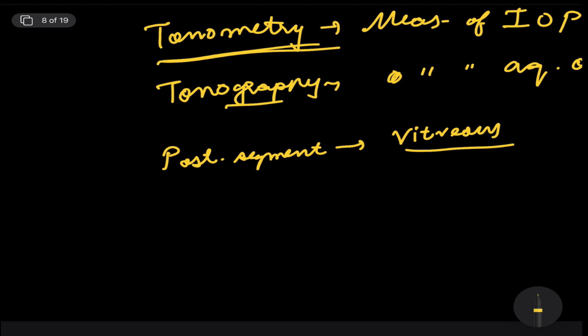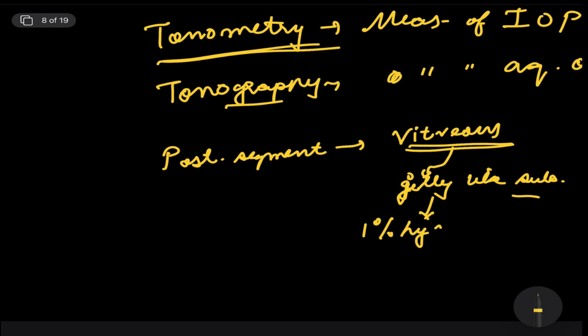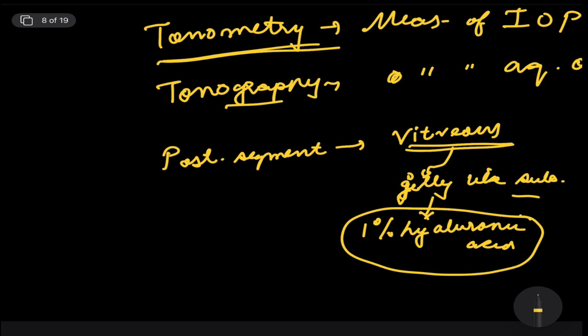Unlike anterior segment's aqueous, which was watery in its consistency, liquid, had rates of outflow, inflow, exerted pressure, and was responsible for intraocular pressure, vitreous is a jelly-like substance. It is kind of semi-solid. Why is it semi-solid? Because of its constituent, which is 1% hyaluronic acid. That is why its consistency is not exactly watery like the aqueous, but rather gel-like.